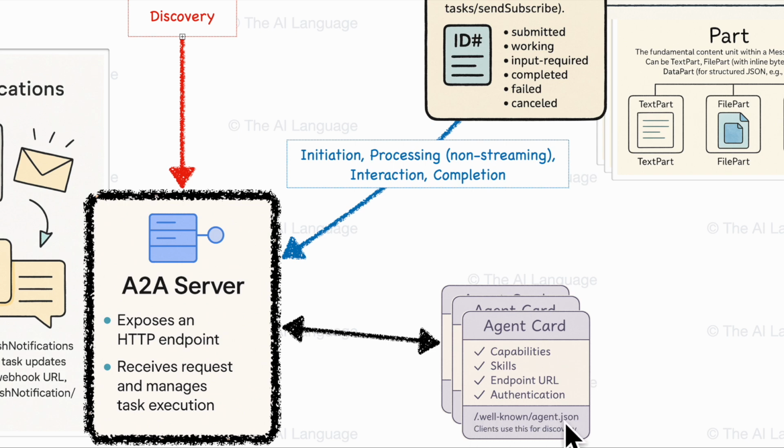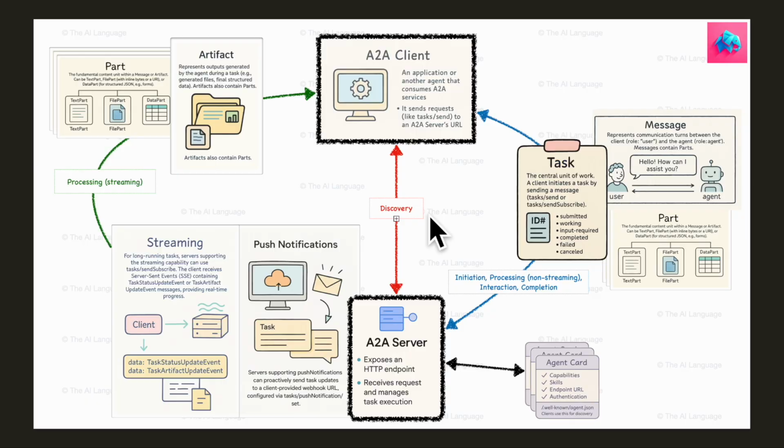We call this the well-known URL, and it describes the agent's name and also the description, the capabilities, the skills, the endpoint URL, and any authentication that the agent might require. So this helps the client discover and understand what these agents can do through the A2A server. So a client can simply fetch the agent card to discover a server's capabilities, and this makes the A2A protocol self-describing and very plug and play.